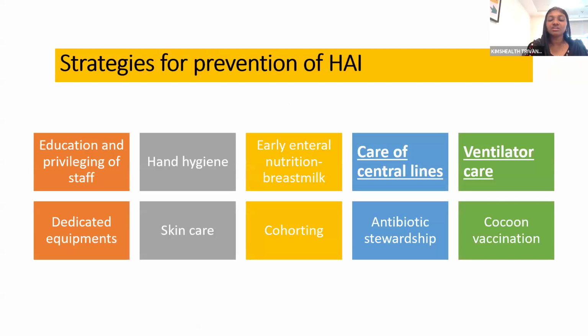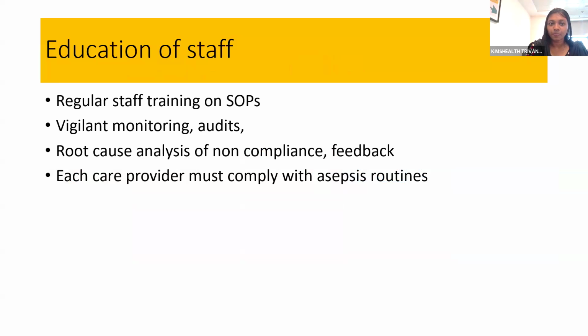Strategies for the prevention of HAI are education and privileging of staff, proper hand hygiene, early enteral nutrition, breast milk, care of central lines, ventilator care, dedicated equipment, skin care, cohorting, antibiotic stewardship, and cocoon vaccination. We will discuss one by one.